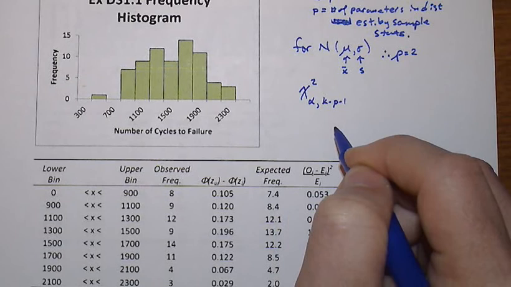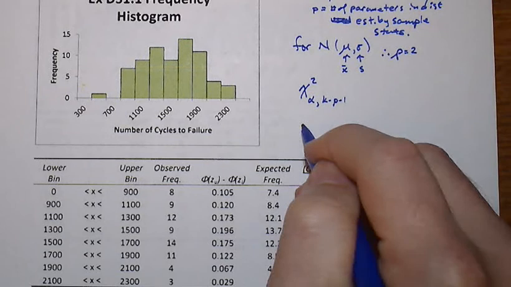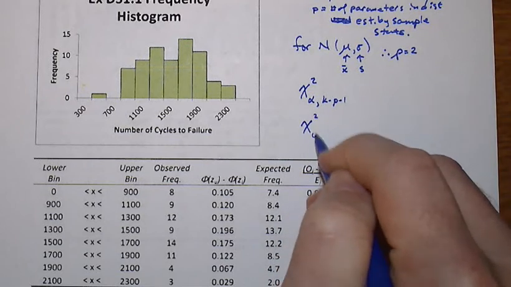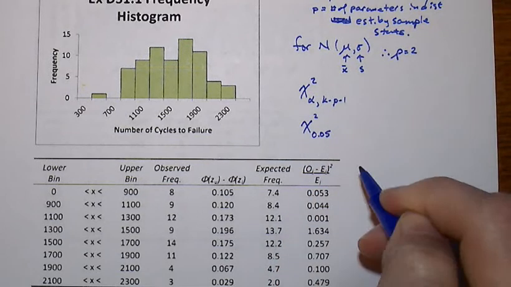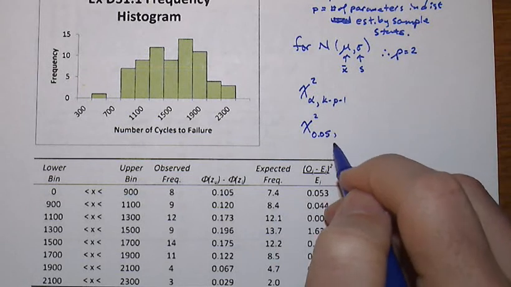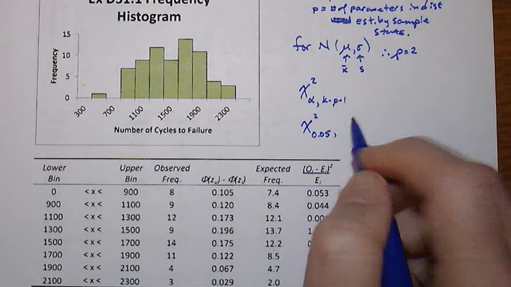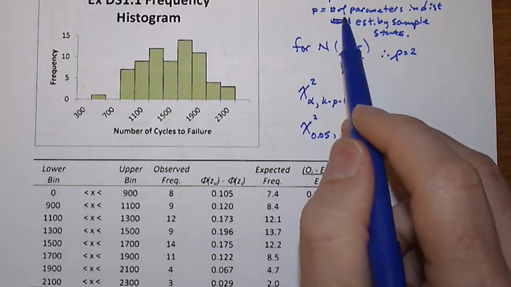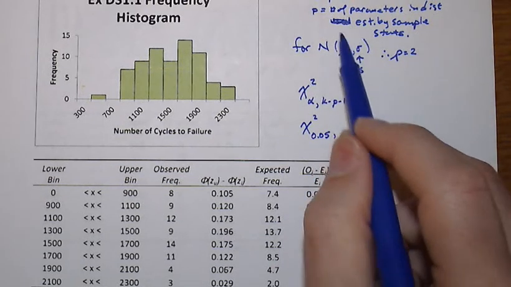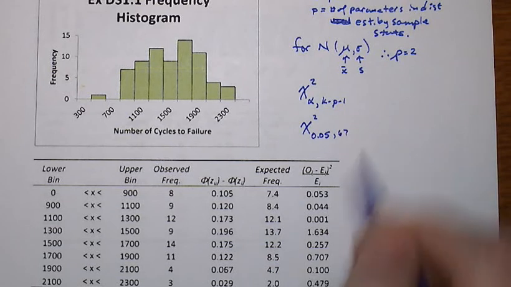For this particular set, if we want a 5% statistically significant conclusion, and we have 70 data points, and we've estimated 2 parameters, then k minus 2 minus 1 will give us 67 degrees of freedom.